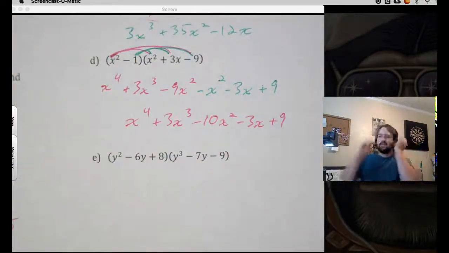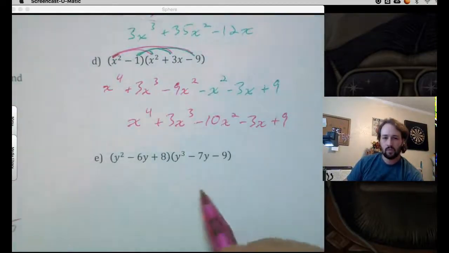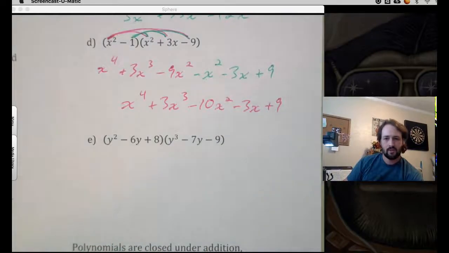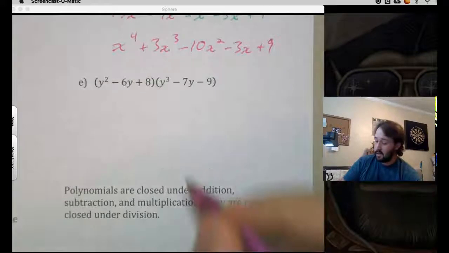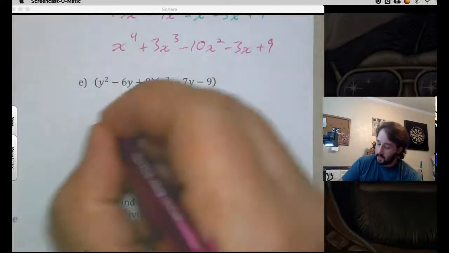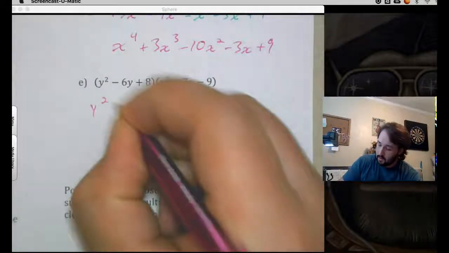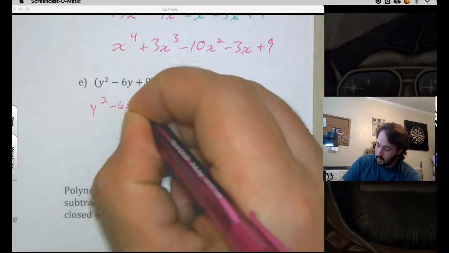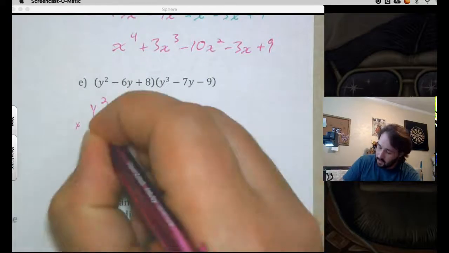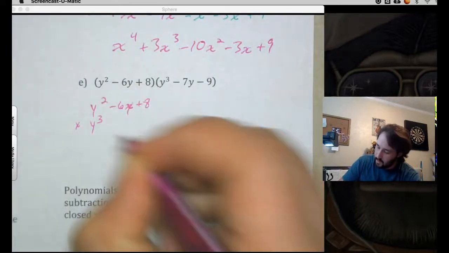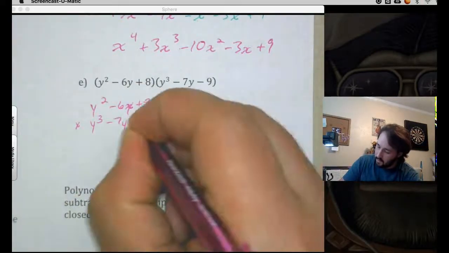All right, I really wish that I knew what they would say. You'll see a weird multiplication. So usually in math, you'll see a multiplication like this. In Apex, this is the first time I've ever seen it like this. They do something like y plus 8, and they do times y to the third minus 7y minus 9.